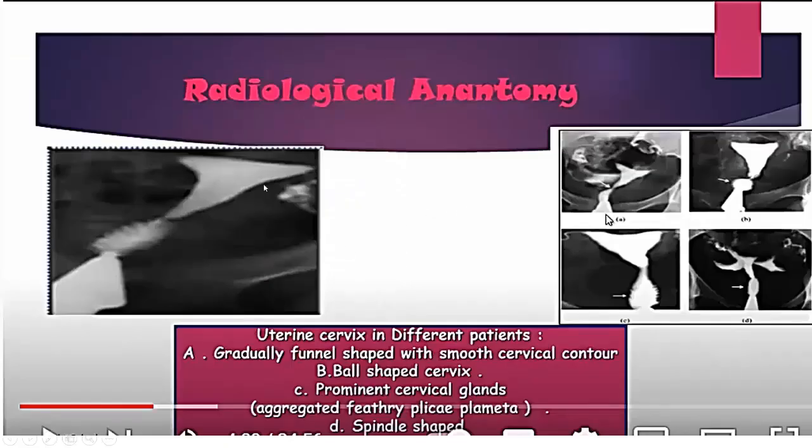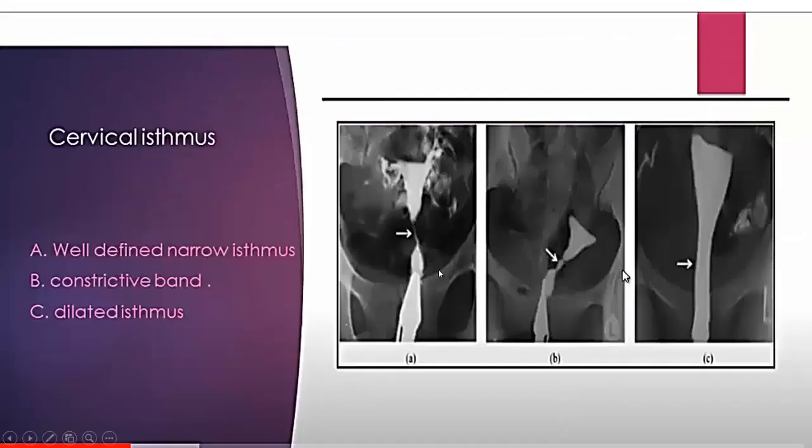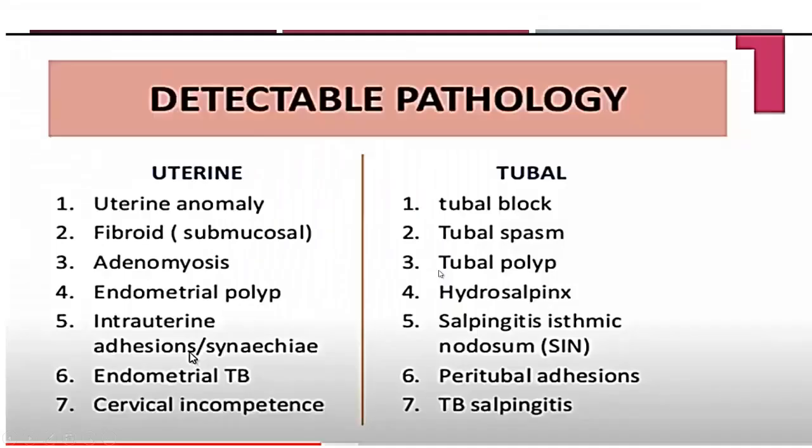A normal intercornual distance is 3.5 centimeters, and the fundus may be flat or mildly concave like that. This is the normal radiological appearance, and then in the next lecture we will start to talk about the detectable pathology. Thank you.